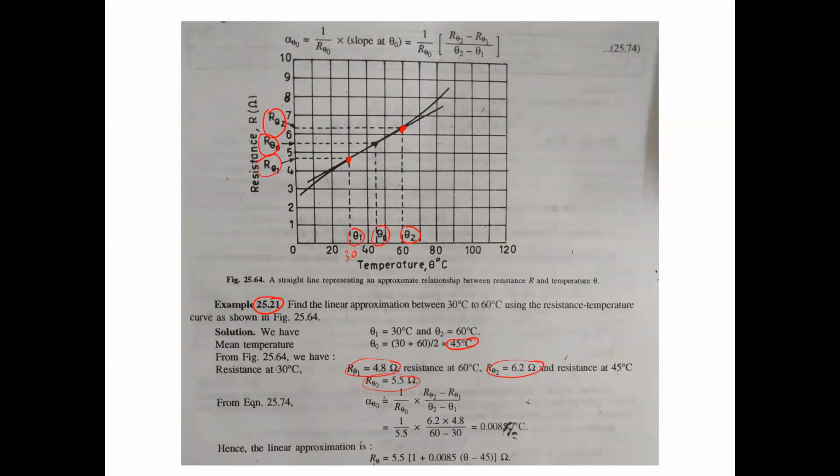Now R theta 0 is known, but alpha theta 0 has to be calculated. For calculating alpha theta 0, we can refer to the equation shown in the previous slide. I am writing R theta 2 equals R theta 0 into 1 plus alpha theta 0 into theta 2 minus theta 0.